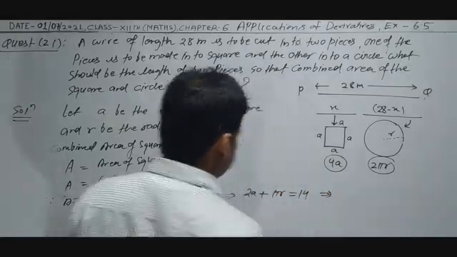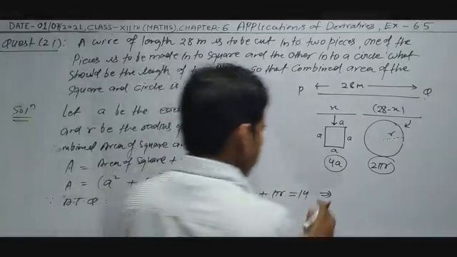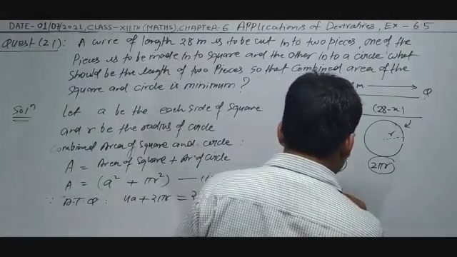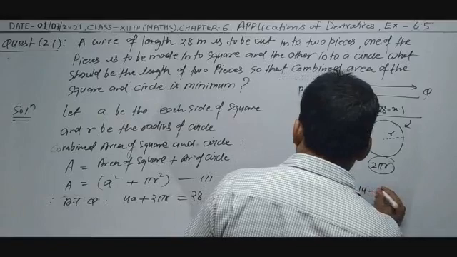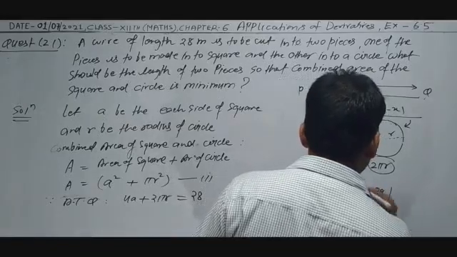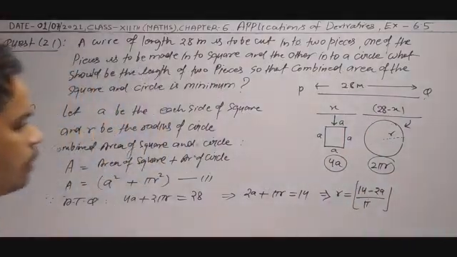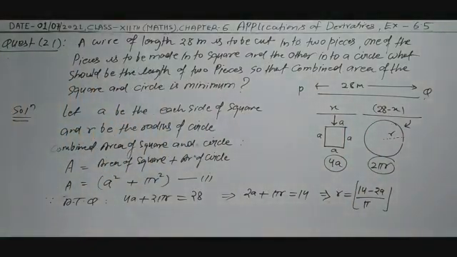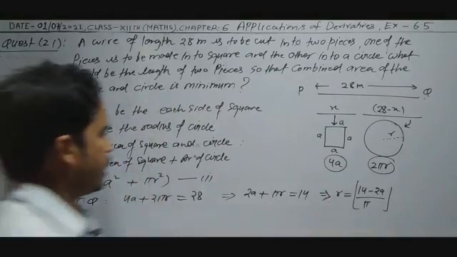And this implies r is equal to 14 minus 2a whole upon pi. This is the value of r, so now r in terms of a. Consider this equation 2.